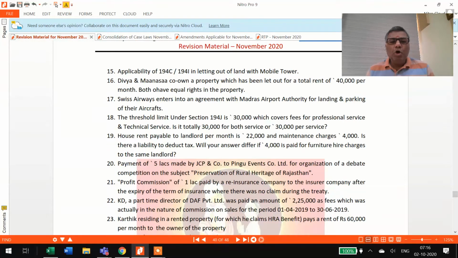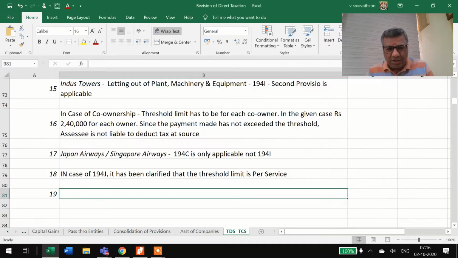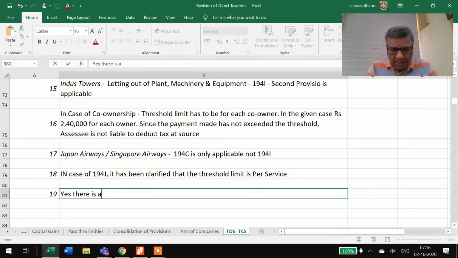19. House rent payable to landlord per month is 22,000 and maintenance charges 4,000. Is there a tax liability to deduct tax? Will your answer differ if 4,000 is paid for furniture? Yes, there is a liability to deduct tax under 194I.